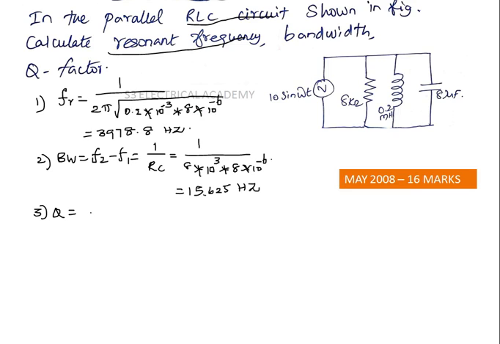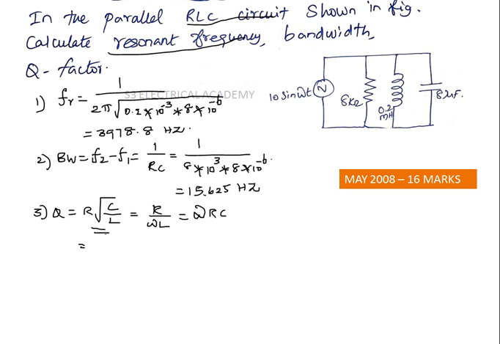So next one, third term. What is the third term? Quality factor. Quality factor is equal to R into root of C by L, or R by omega L, or omega into R into C. You can use any formula here.